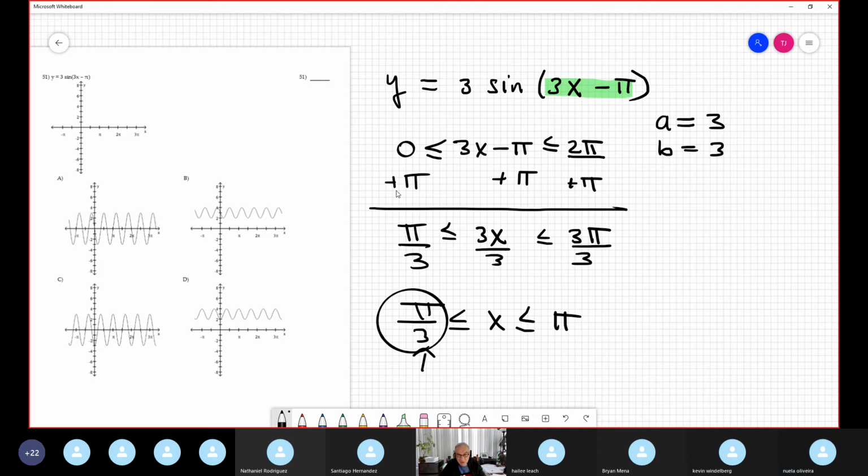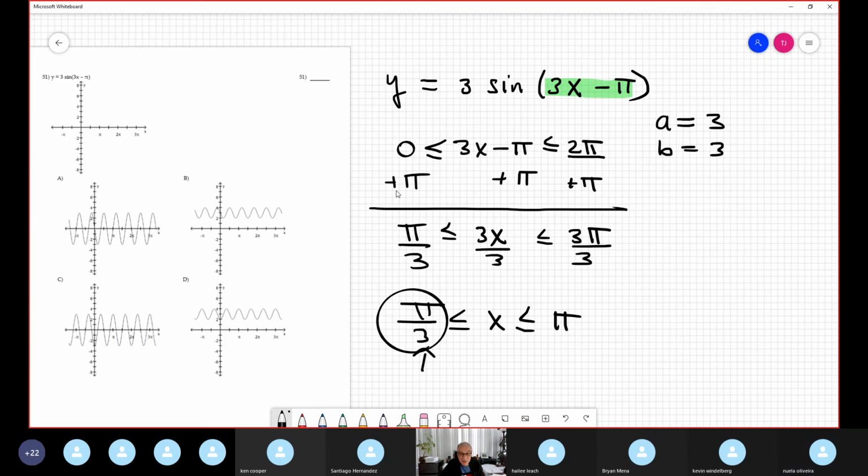Is that standard procedure, to put 0 on this side and 2 pi on this side?